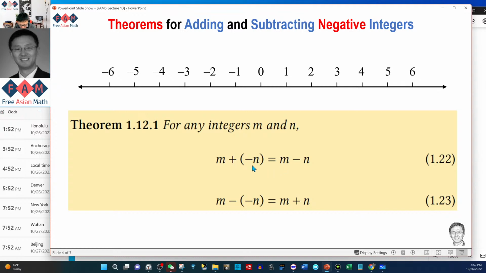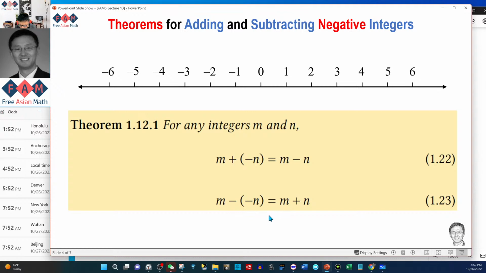So n could be negative. That's why we say for any integers m and n, positive or negative. That adds a little bit for us to prove for this theorem. Otherwise, it's nothing because it's right in the definition.